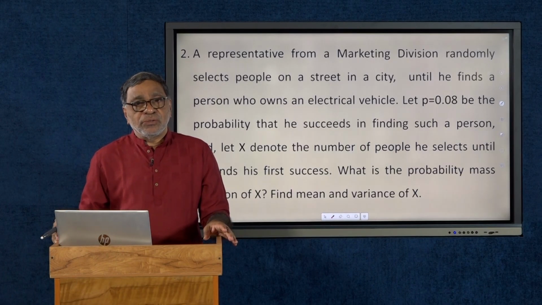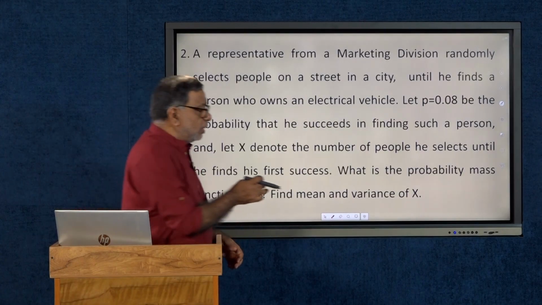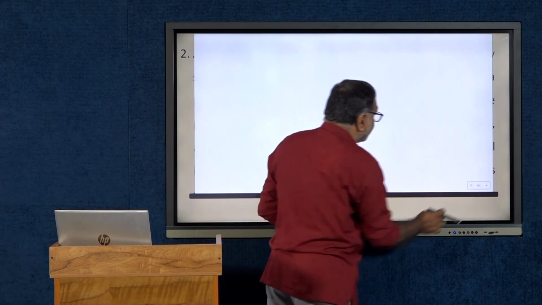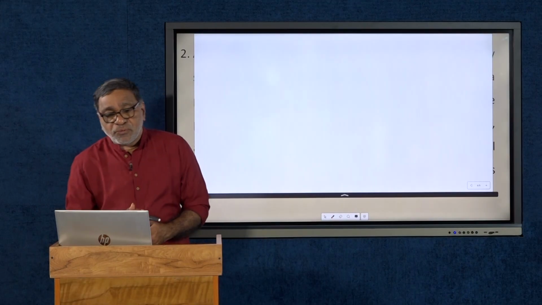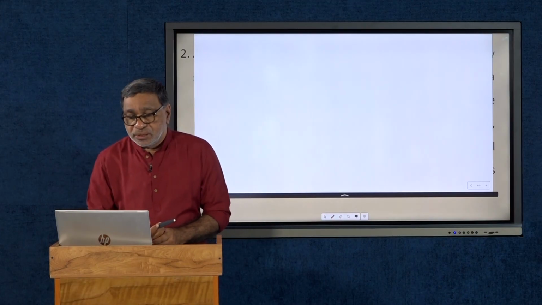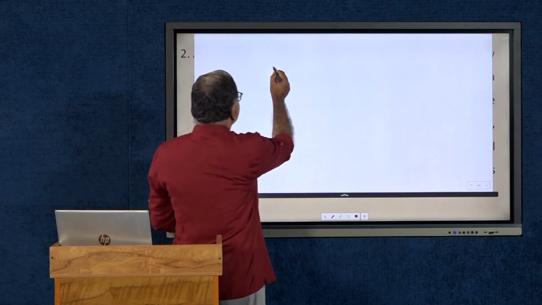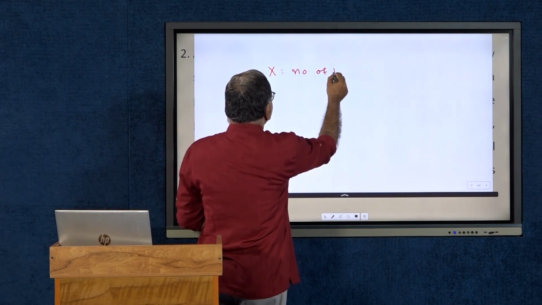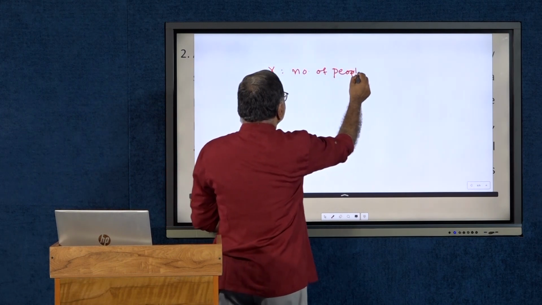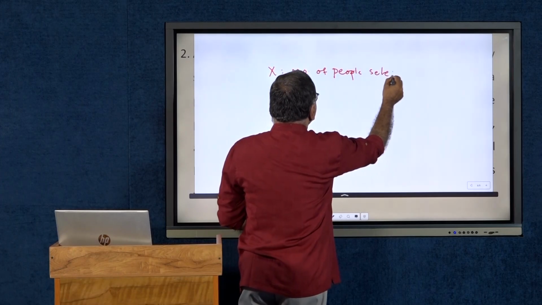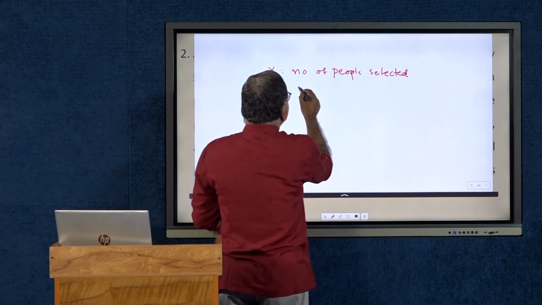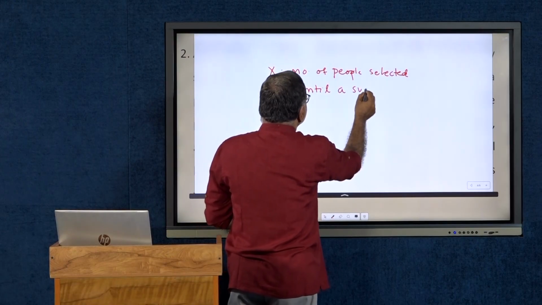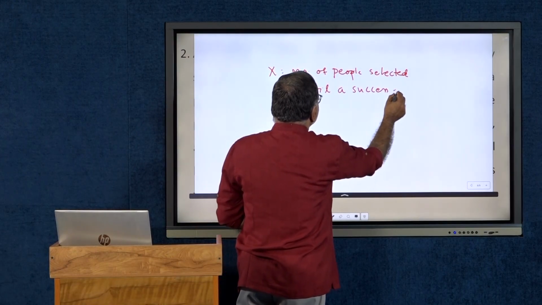Here x denotes the number of people selected until a success is obtained.